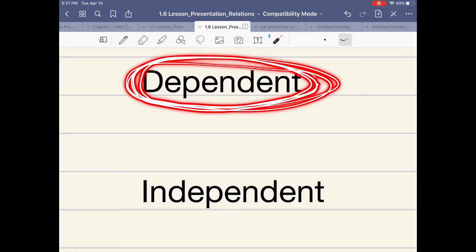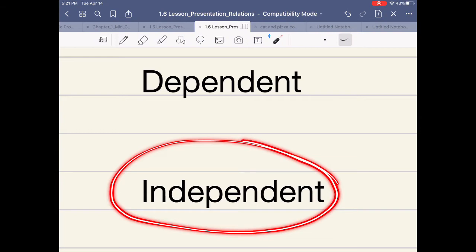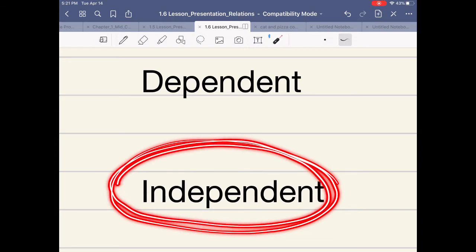So you basically need help from somebody else in your everyday life. If you're independent, that means you probably have your own job, you make your own money, you buy your own food, you make your own food, and you don't need that much help from any other people.